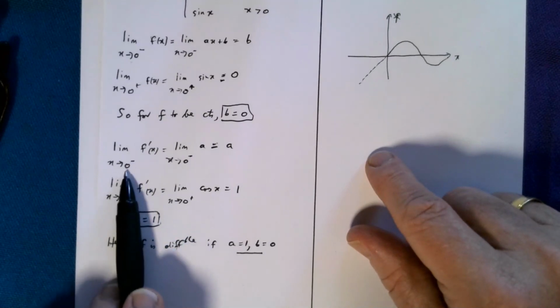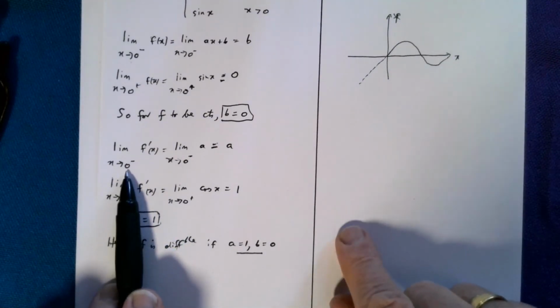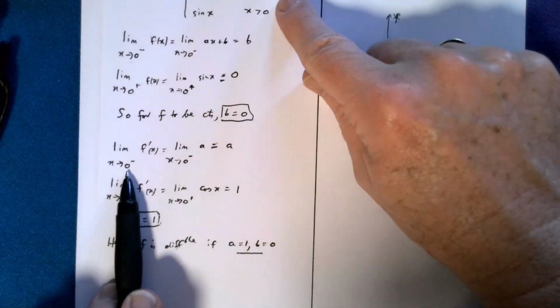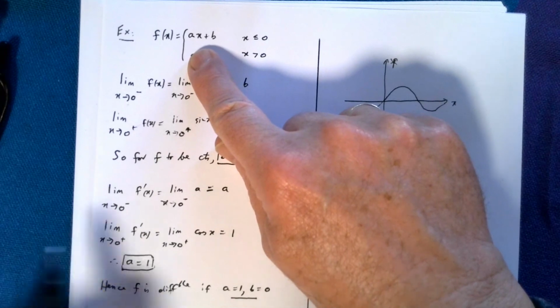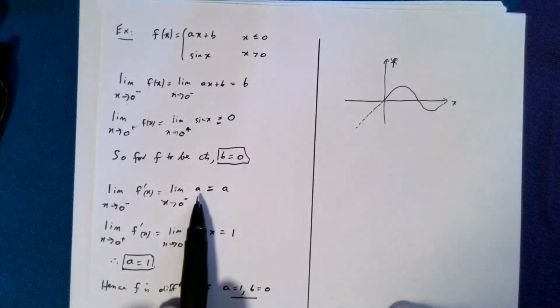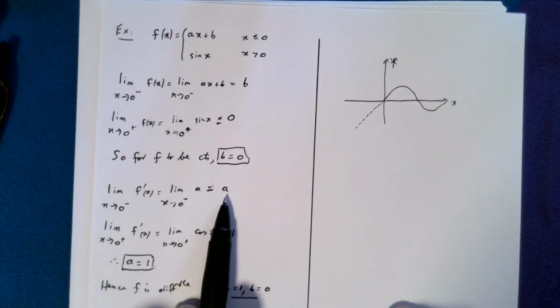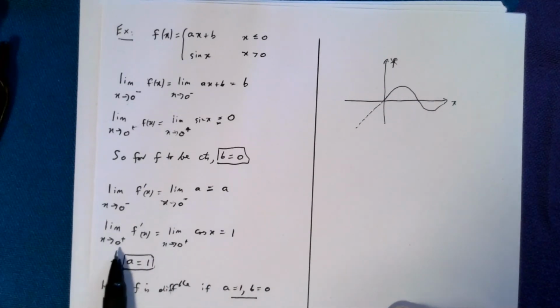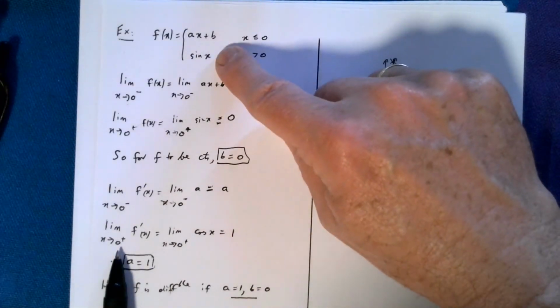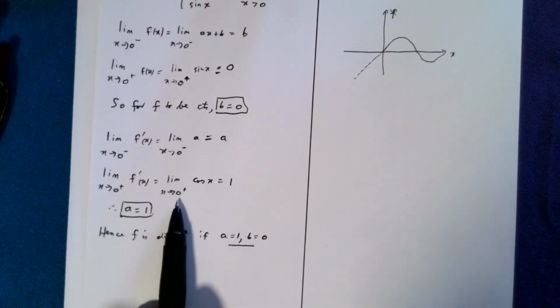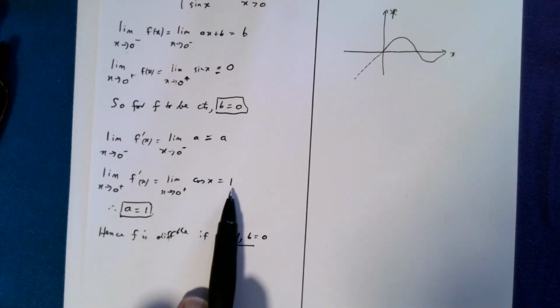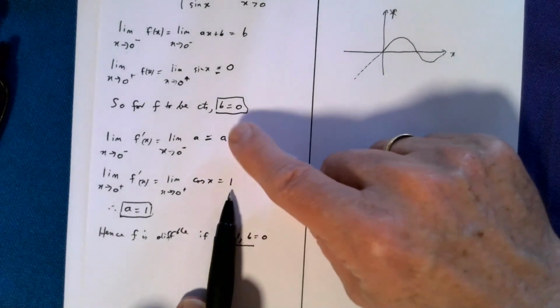So if I look at the left derivative, for x less than naught, then I differentiate ax plus b. The derivative of ax plus b with respect to x is just a, and then you take the limit, you still get a. If you're going from the positive side, then you've got to differentiate sine, which becomes cos, and you're now letting x go to 0. Well, the cos of 0 is 1, and you want these to match up.